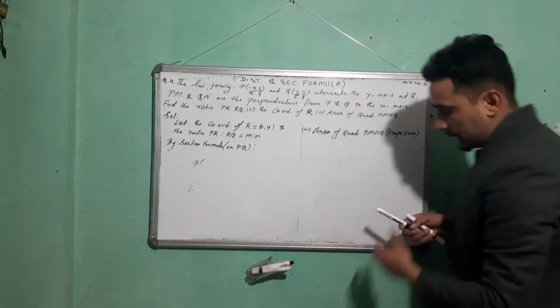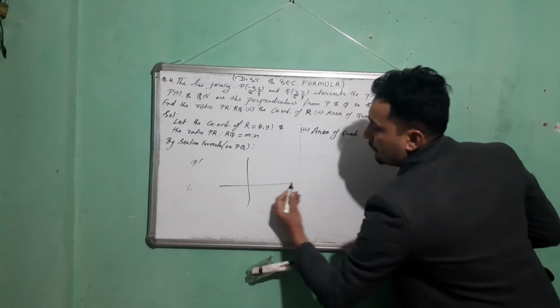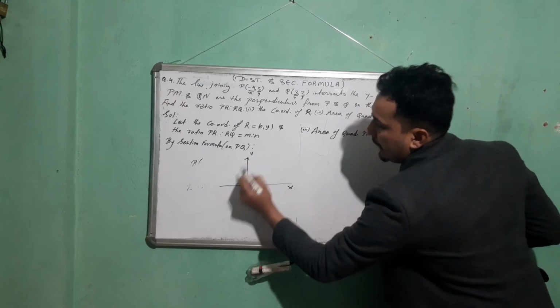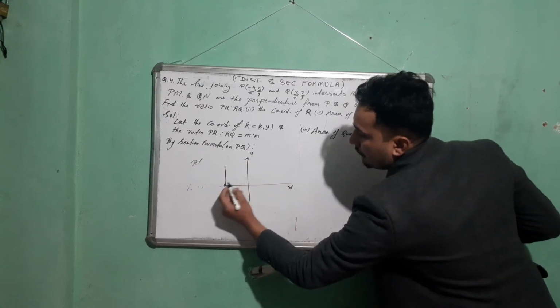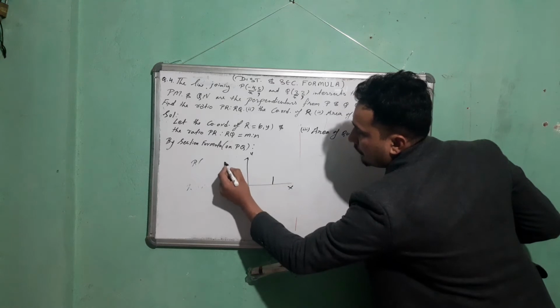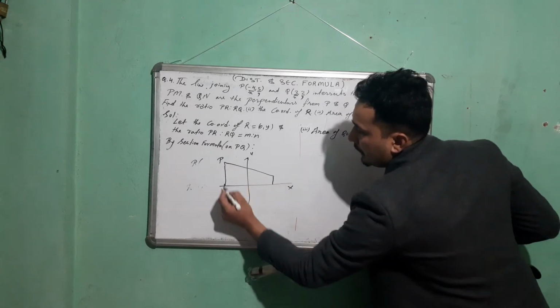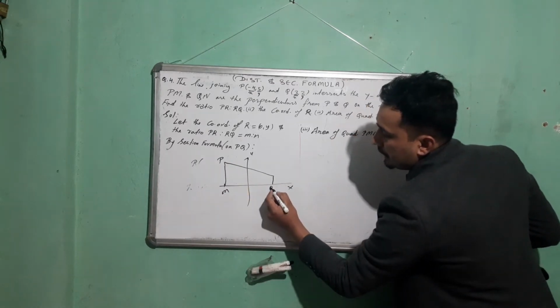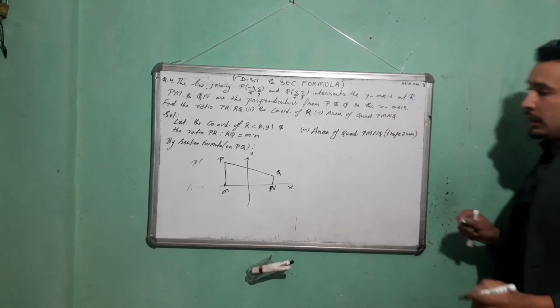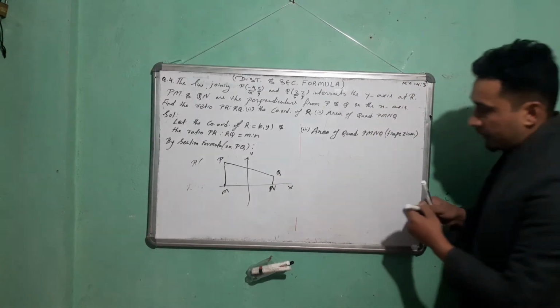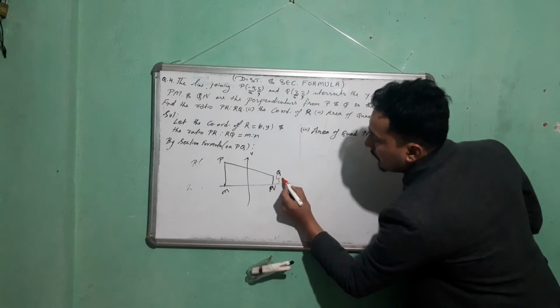It was like this. This side is X, this side is Y. Height of this, here to here, was 2.